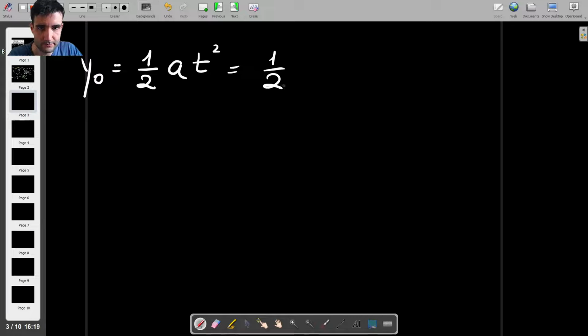So we have y0 is equal to 1 over 2 a t squared, where a is the acceleration of the rocket. So if we put 1 for the time, that is 1 squared, that is a over 2 meters.